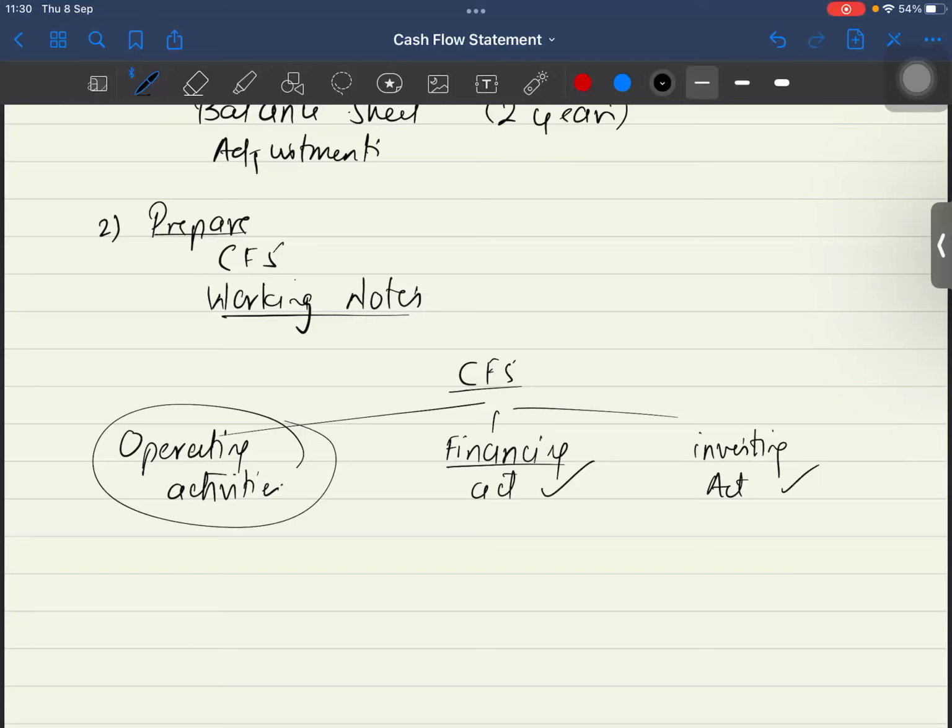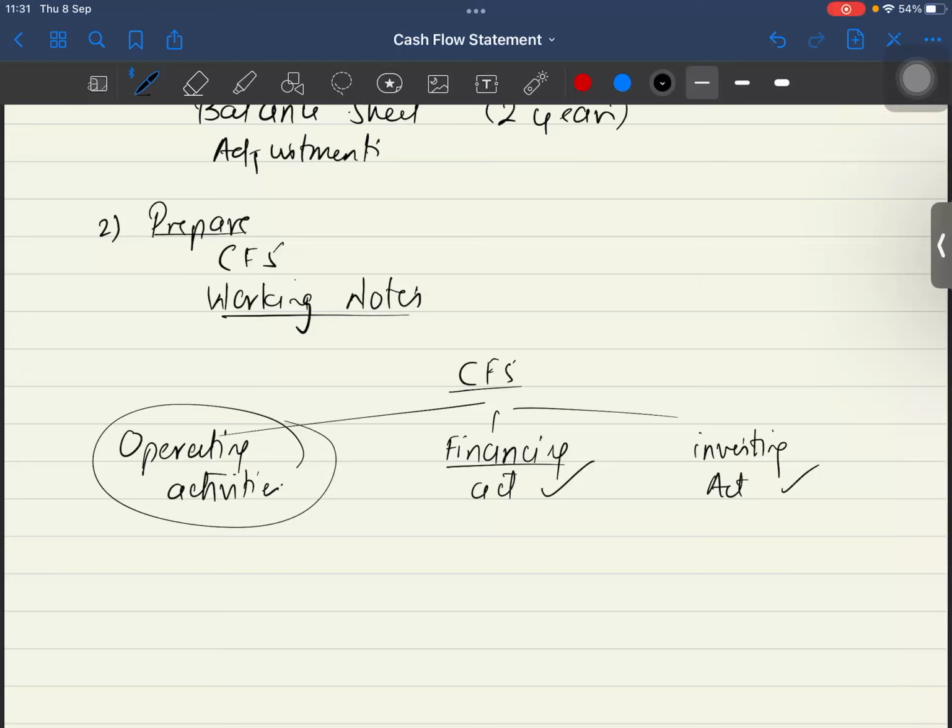At one shot, I want to know the total amount I have paid in plant and machinery, or the amount I have collected from the shareholders. So this cash flow statement gives me a summary of all the cash transactions.